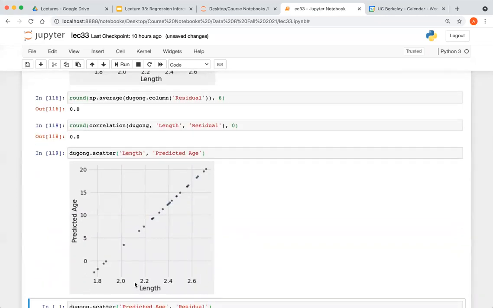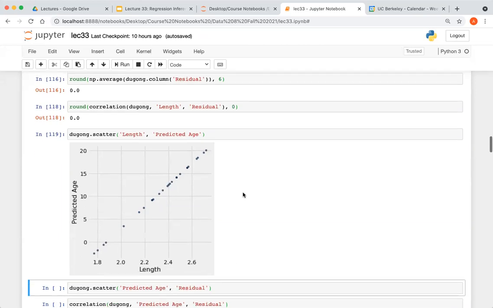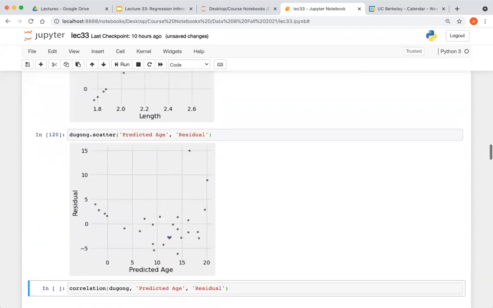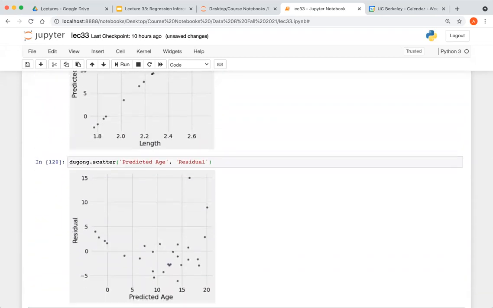So the length and the predicted ages are basically just a change of units of measurement, one from another. It's linear, and therefore no surprise if you draw the residuals versus not the length, but the predicted age, you get exactly the same plot as you got when you had length here.